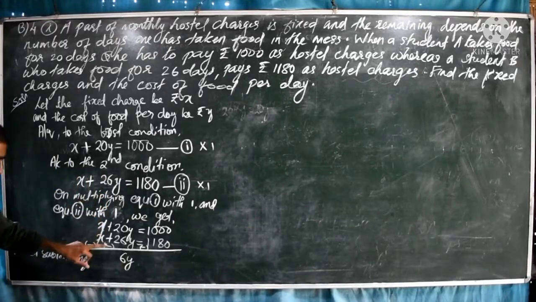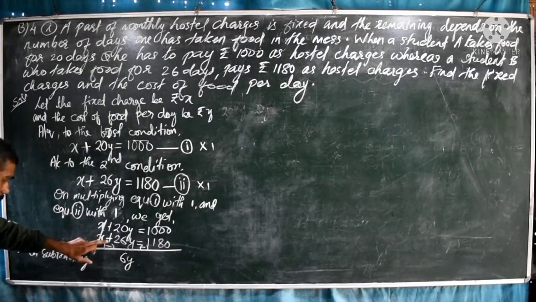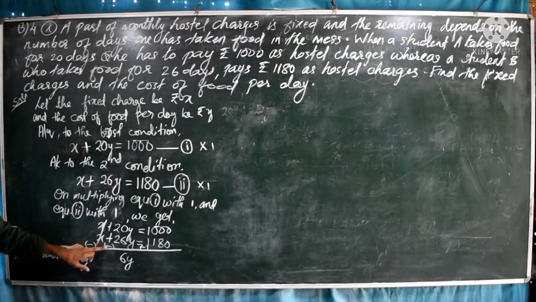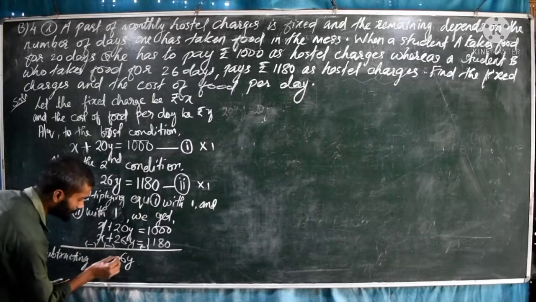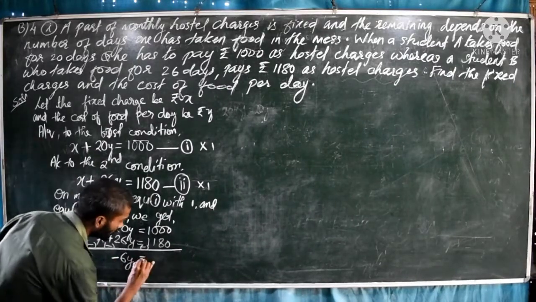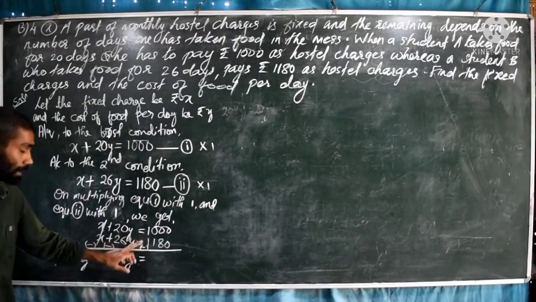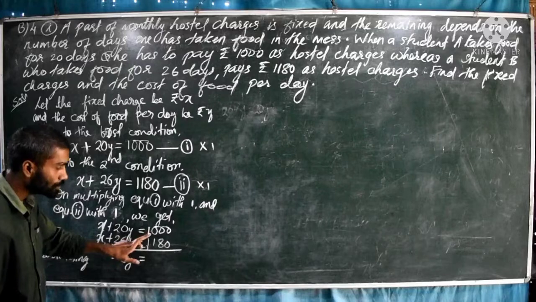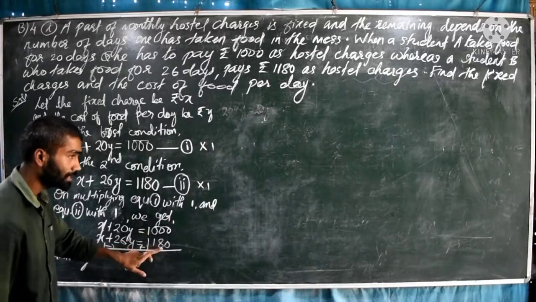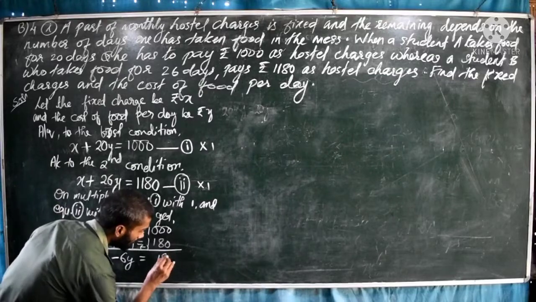Again, the sign of the greater integer, 26 is the greater one. Here it is plus, but the sign is changed into minus. So we will take that sign, that is minus 6y. It is equal to, again, here also same thing, here plus changes into minus. So minus, now 1180 minus 1000. So we will get here 180.